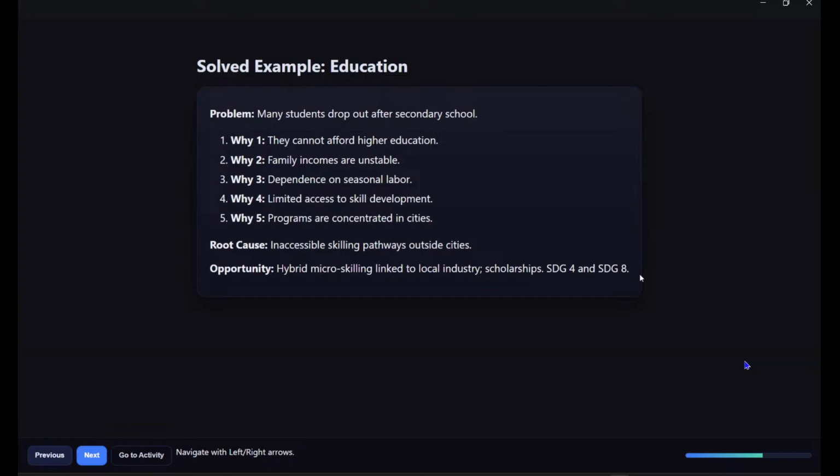So this is how we can solve problems. It is not just about identifying the problems. It is about digging deep into the root cause and then converting that into an opportunity. You build a website, you build an app, you build an ecosystem around it, you build a community to solve the problems, online or offline.